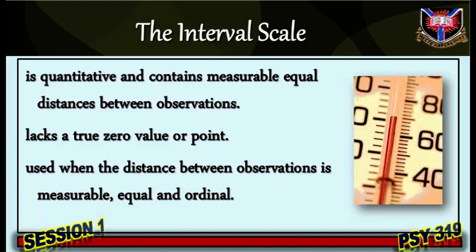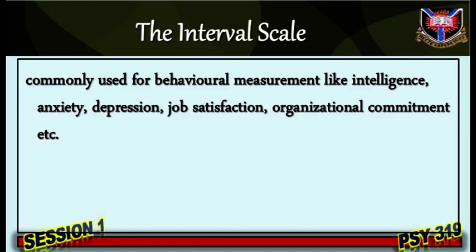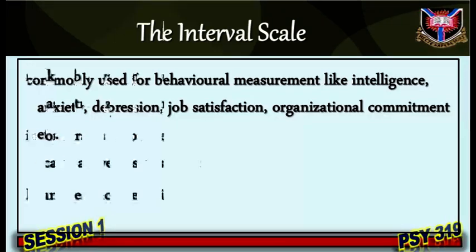However, you can only score low, indicating that you are low in aggression. Interval scales are commonly used for behavioral measurement. Such behavioral variables include intelligence, anxiety, depression, job satisfaction, organizational commitment, etc.